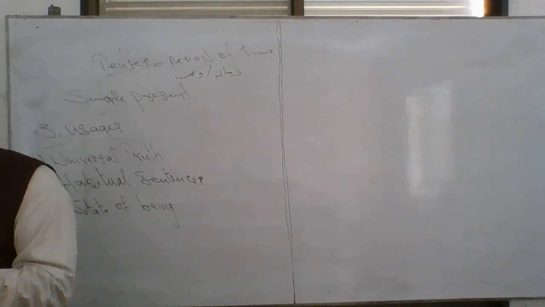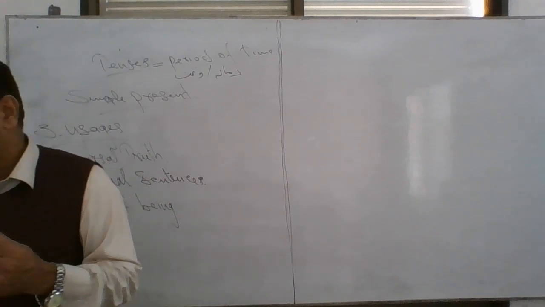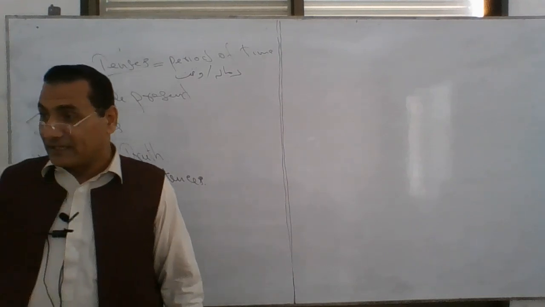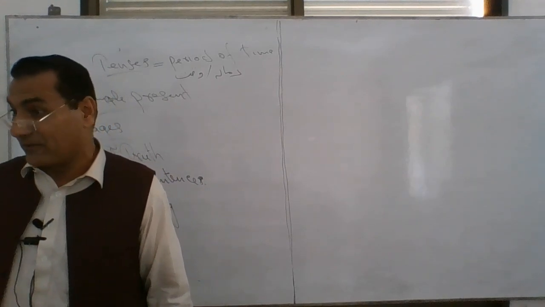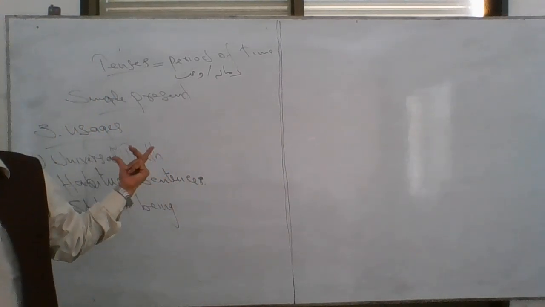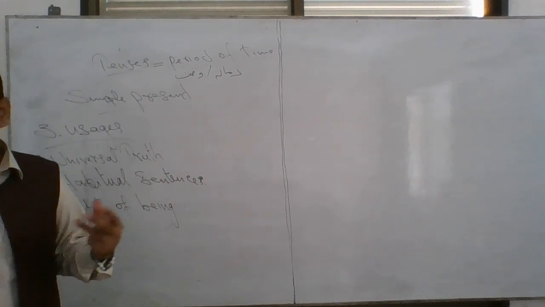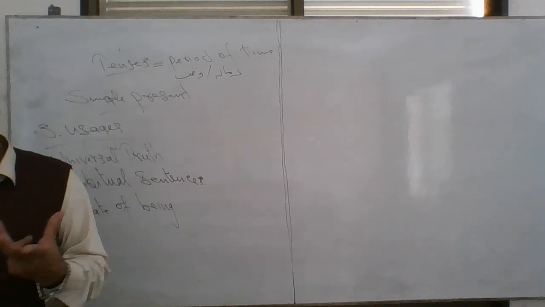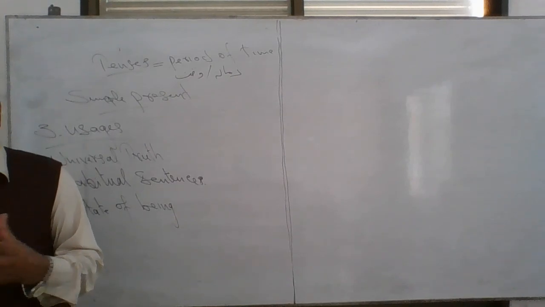Aslam is busy. If you want to write it in continuous tense, ing is required, but there is no ing. And if you want to follow the rules of simple present, then there must be s or es with the verb.